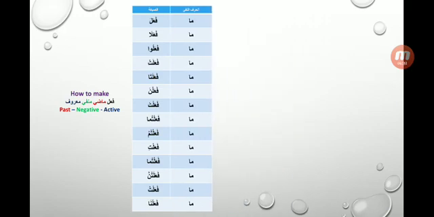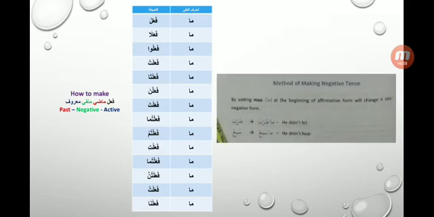So fa'ala will become ma fa'ala, fa'alu will become ma fa'alu, and so on. Ma is called harfun nafi, the harf which indicates the meaning of negation. This is how fi'l manfi is made.